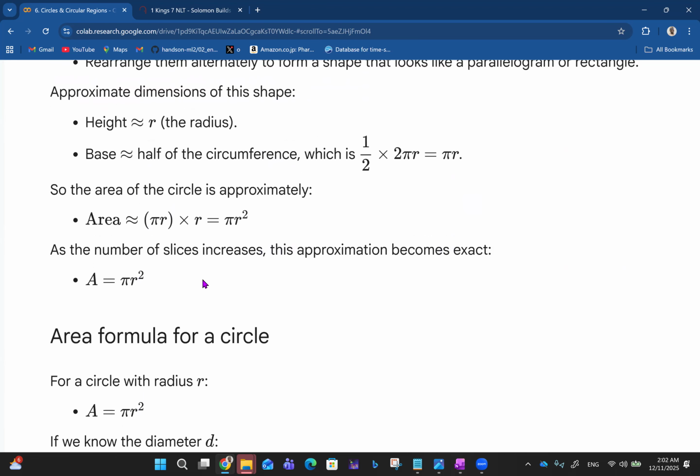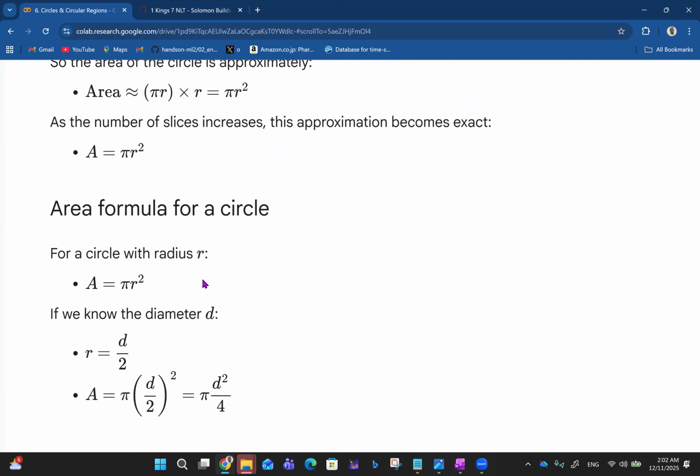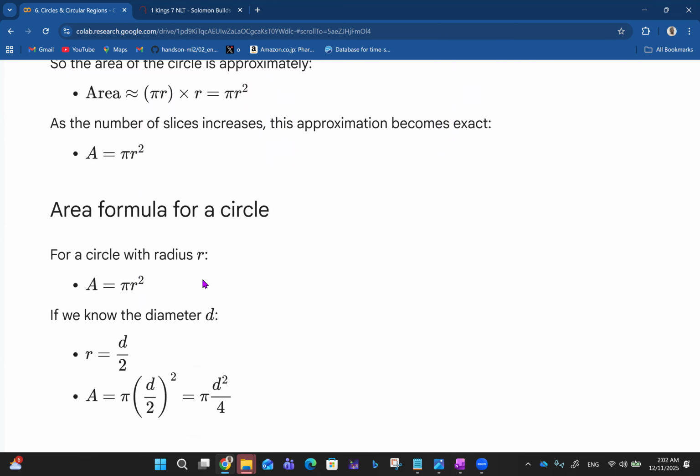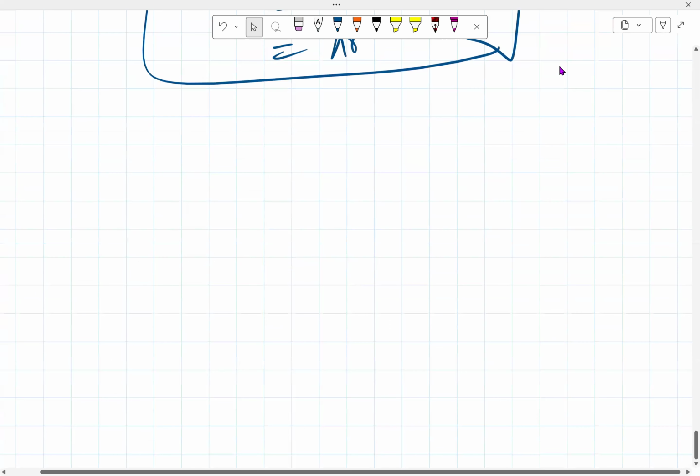For a circle with radius r, area is pi r squared. If we know the diameter d, then r is d over 2 and A is pi d squared over 4. Since we know the area of a circle to be pi r squared, sometimes all the information you have is about the diameter.